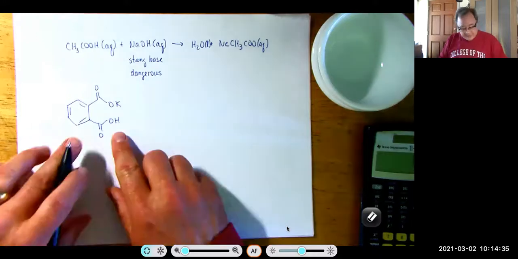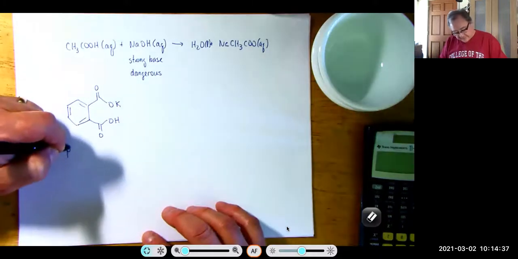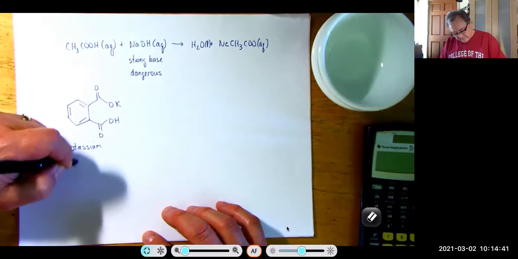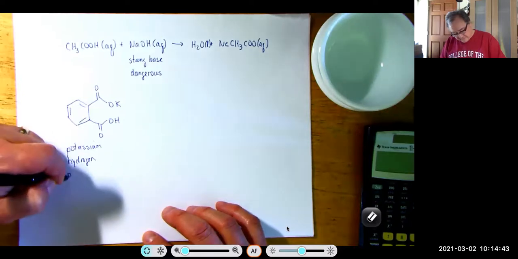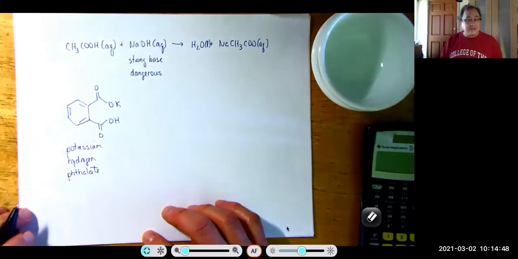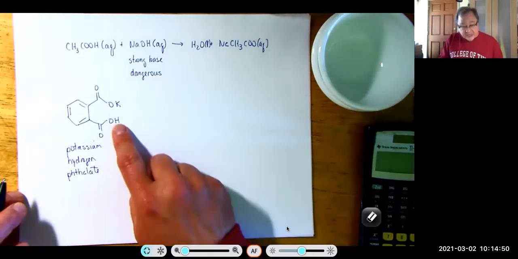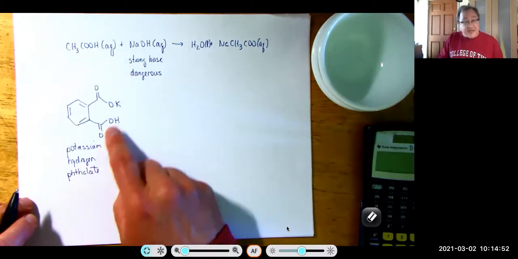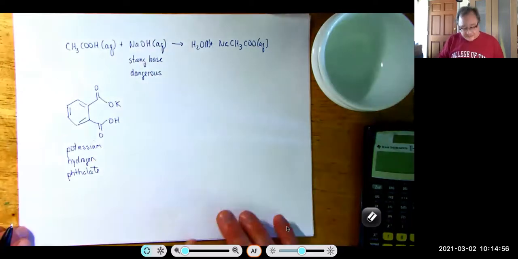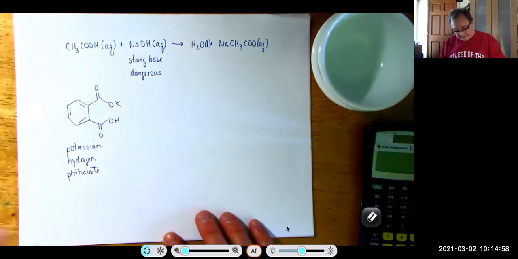This is potassium hydrogen phthalate. Now, you can see I've only drawn one hydrogen. That's the hydrogen in the name. That is potassium, so that's the potassium in the name. And the rest of it is phthalate, or the phthalate ion.